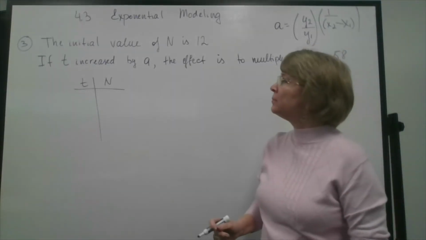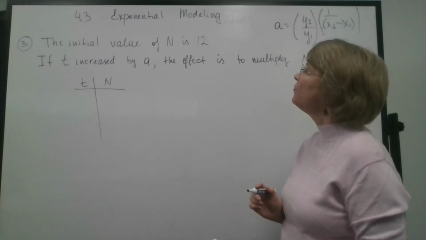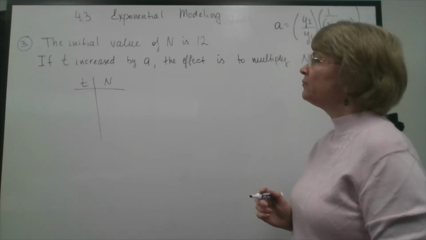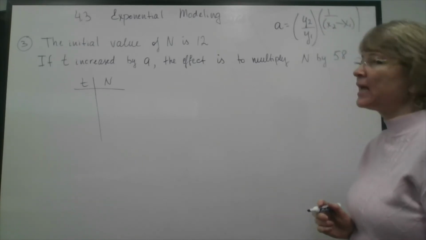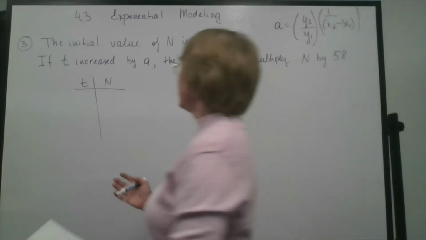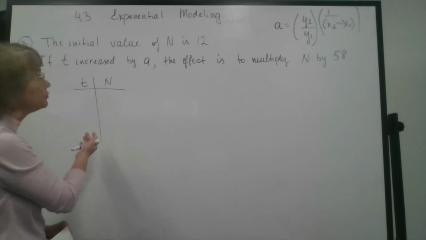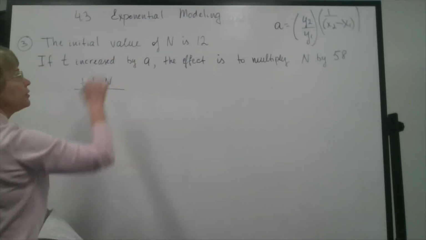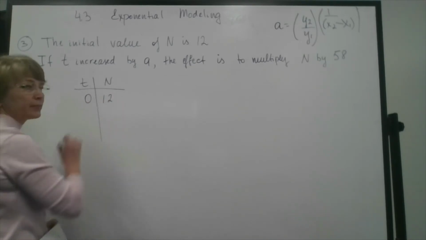Here is the last problem from this section. The initial value of n is 12. If t increased by 9, the effect is to multiply n by 58. You know that I like tables because I like to make everything visual. So the initial value of n is 12, and my table will look like this, 0 and 12.